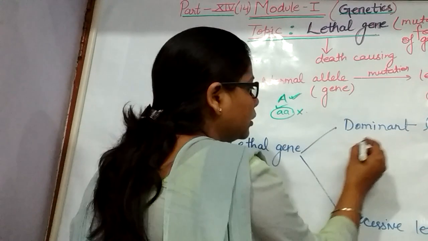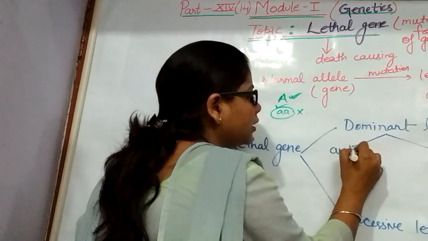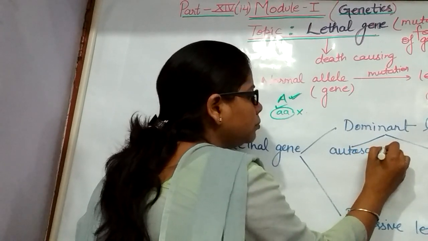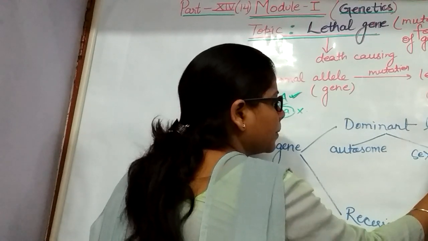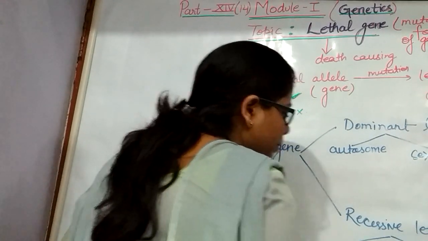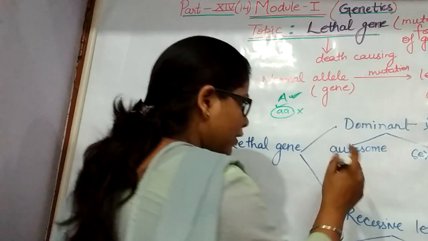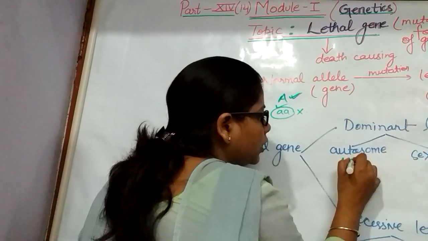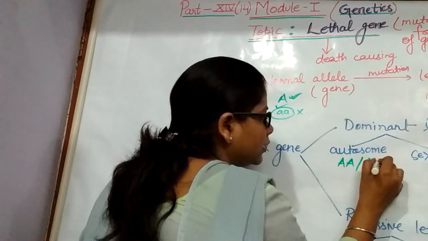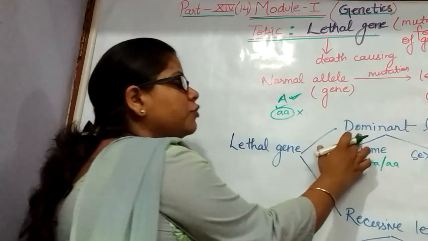If we are talking about chromosomes, dominant lethal is further divided into autosomes and sex chromosomes. So I am talking about autosomes first. In autosomes, for dominant lethal, only three genotypes are there, and this is a type of dominant lethal.